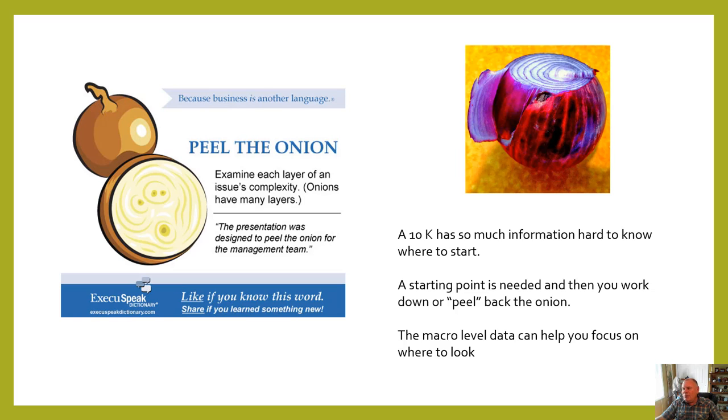Part of this analysis is that we're peeling back the onion. Each layer has a lot of different things, but we want to peel it back so we can get to the core of the matter. The 10K has so much information, it's hard to know where to start.